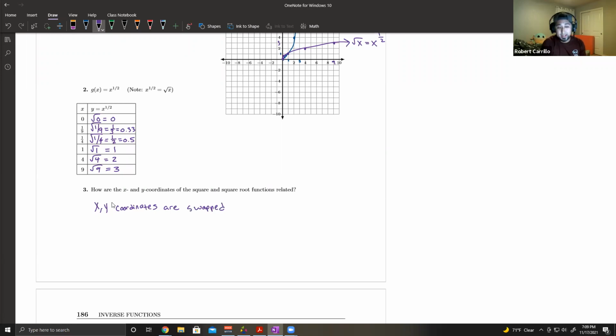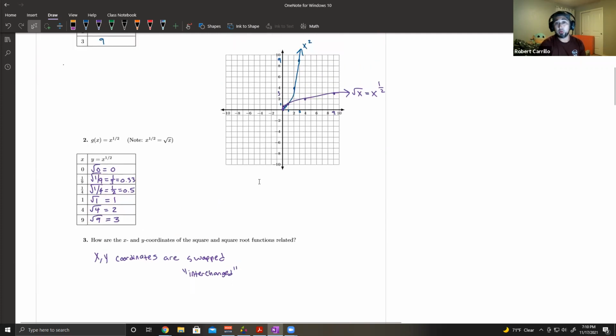Or if you want a big fancy word, the x and y coordinates are interchanged. And yes, going along with inverses.